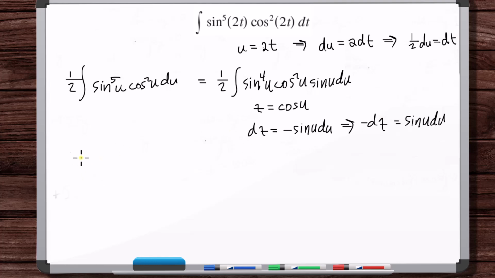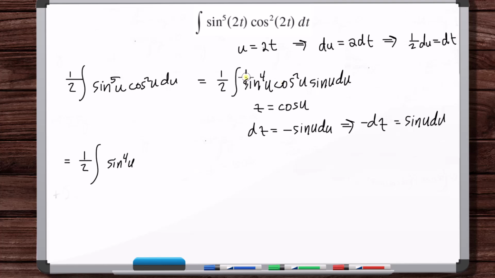And so what we have is, sine to the 4th of u, or no, we don't do that. I jumped the gun a bit here. We first want to convert this so that outside of the sine u du, we have just a function of cosine.